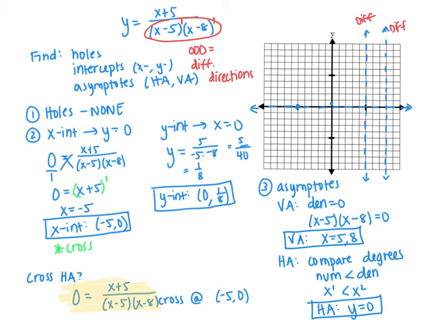Can it go down again? Because it cannot cross the horizontal asymptote. The only place we can cross is that point we found. So then we know we're going to come down and we're going to hit this point. So I'm going to do that. We're going to come down and we're going to hit the point. So then the question is, it's going to hug the horizontal asymptote.